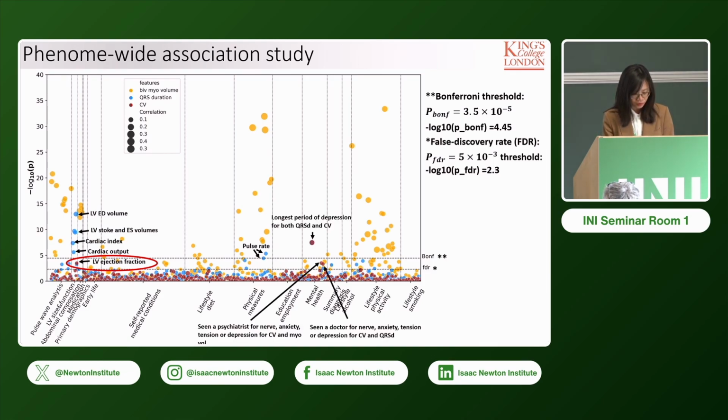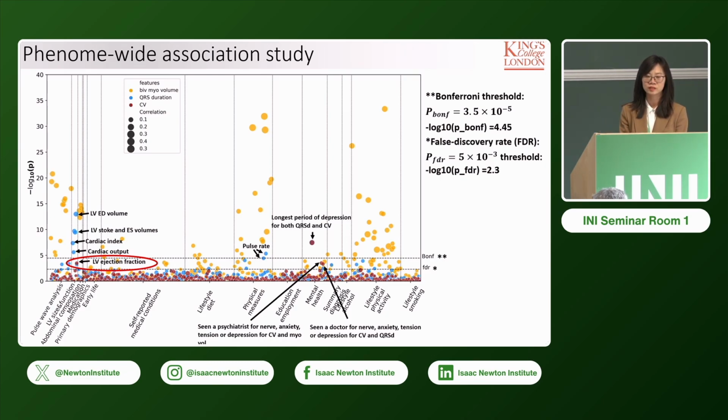The second point is that, interestingly, the conduction velocity and the QRS duration are both significantly correlated with a lot of mental health related factors, for example the longest period of depression, and this is consistent with the previously established relationship between depression and cardiovascular diseases.